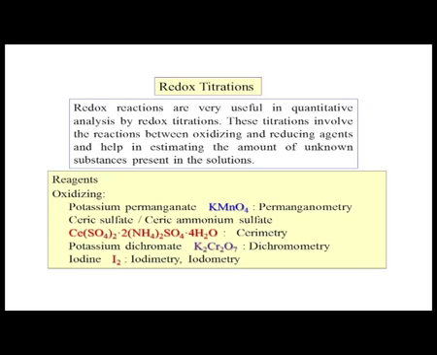It is not only in the domain of chemistry; it can go to biochemistry or any other area, where we can quantitatively utilize the redox reaction to find out any unknown quantity in any sample.